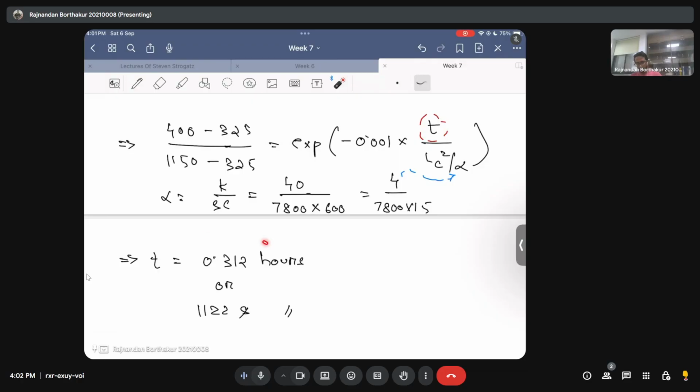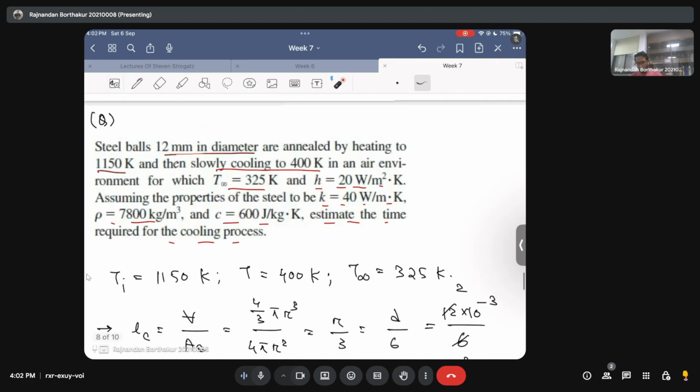So 0.3 hours, or around 1100 seconds, is the time your body will take to come from an initial temperature of 1150 to an equilibrium temperature of 400 when your ambient is at a 325 Kelvin temperature, with, in addition to all these properties, the heat transfer coefficient, the thermal conductivity, the density, and the specification. So that's the time it will require for the cooling process.